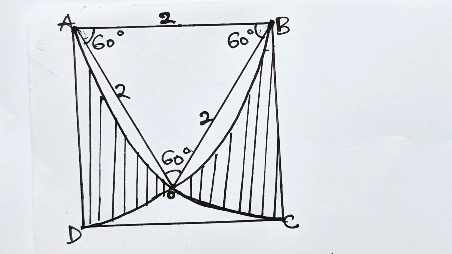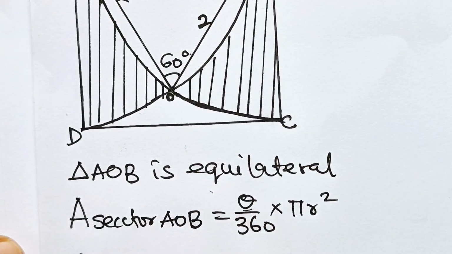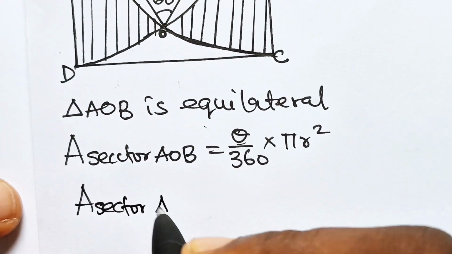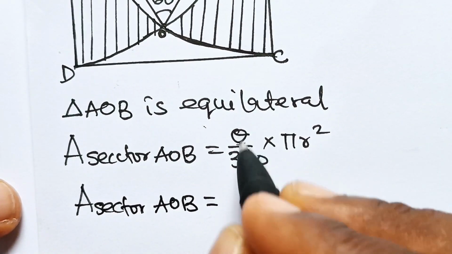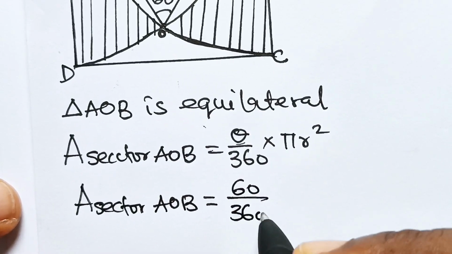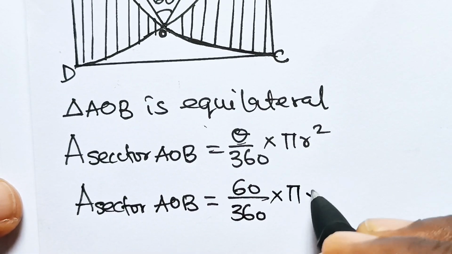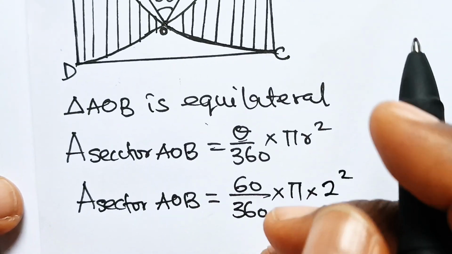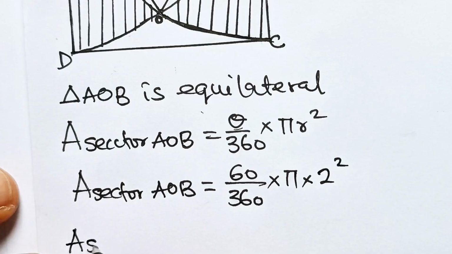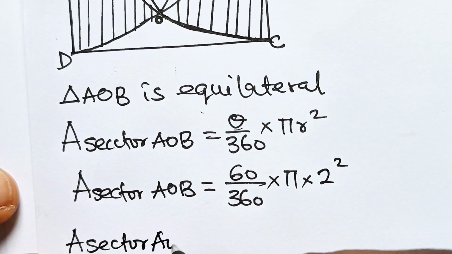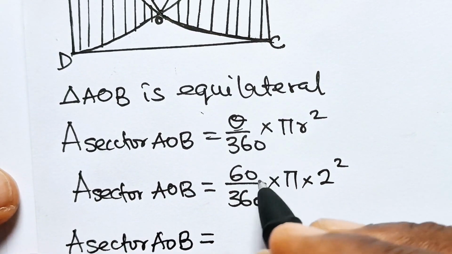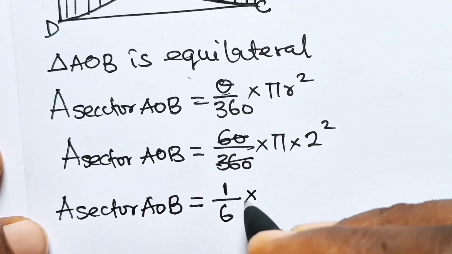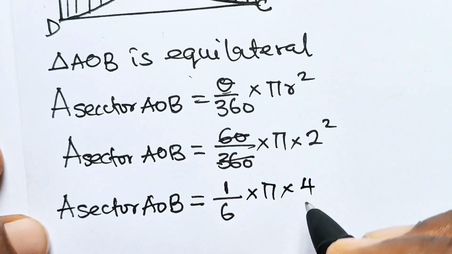So we have area of sector AOB is equal to 60 over 360 multiplied by pi multiplied by, now the radius is 2, right? 2 squared. If we divide 360 by 60, we have 6, multiplied by pi multiplied by 4.